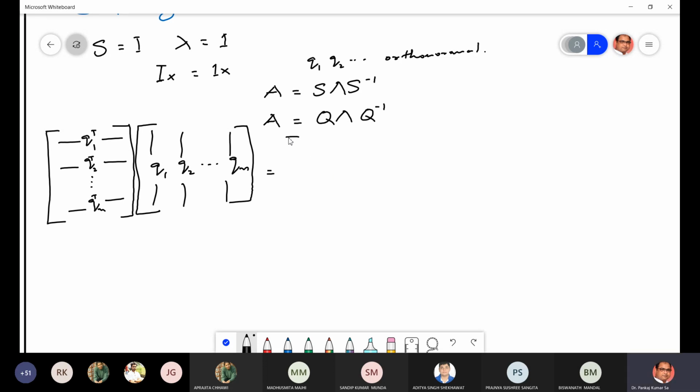What is this? This is nothing but the identity matrix, right? All the off-diagonal elements are 0.